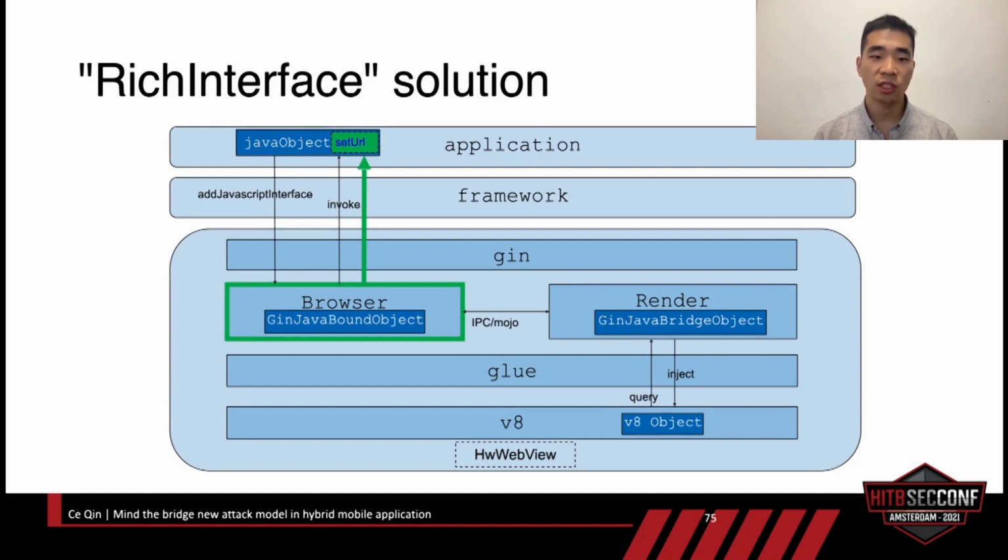RichInterface does another explicit JNI call to transfer the URL, so the verification can get correct data. The only change the application needs is to add a setURL JavaScript interface in the Java object to receive the message. The time window between setURL and the actual JavaScript interface call is small enough to be ignored.